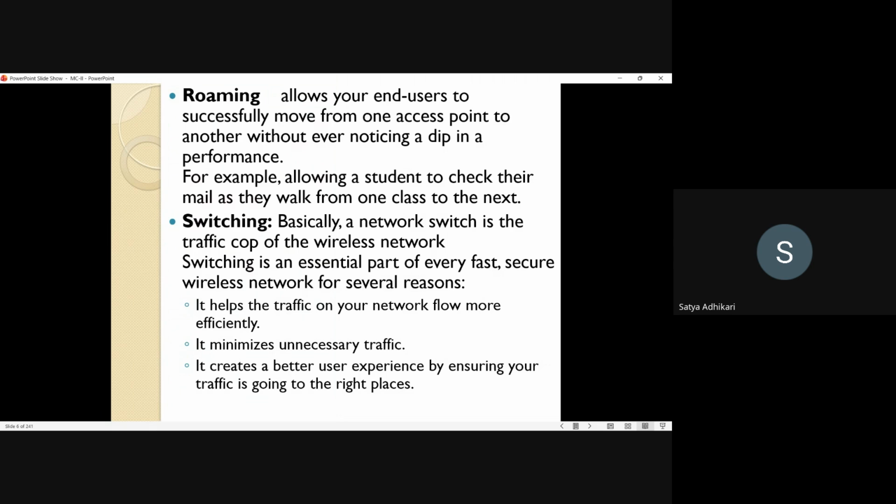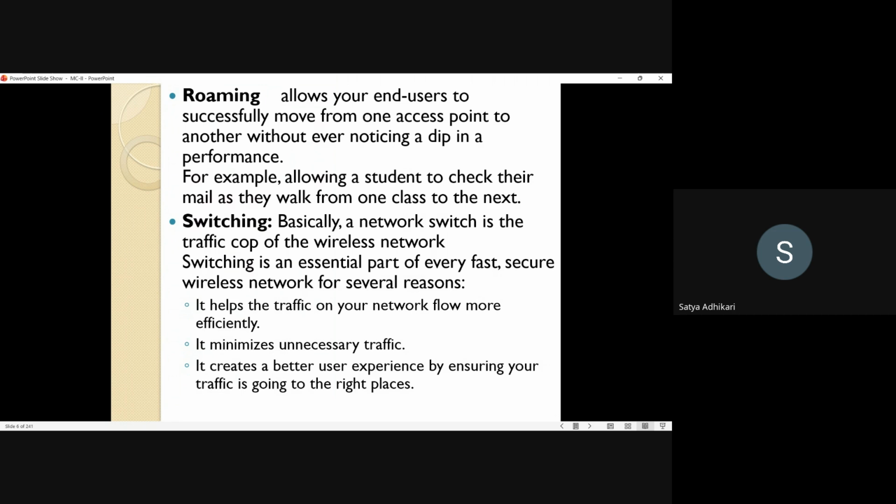Roaming. This is also another feature. It allows the user to successfully move from one access point to another without even noticing a dip in performance. Suppose you are moving in a fast moving vehicle, your communication should not be dropped.